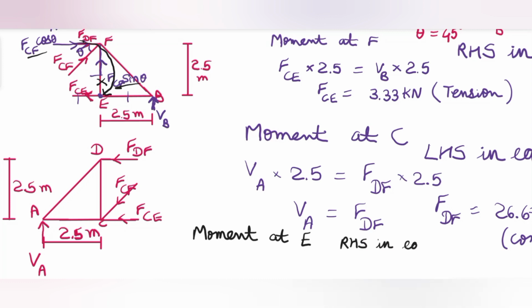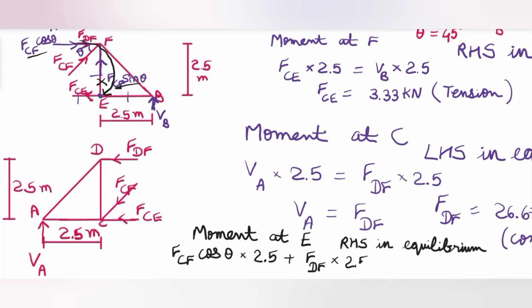So we have the right hand side in equilibrium, and we are taking moment at E. Clockwise moment is FCF cos theta into perpendicular distance, which is 2.5, plus FDF into perpendicular distance, which is 2.5.